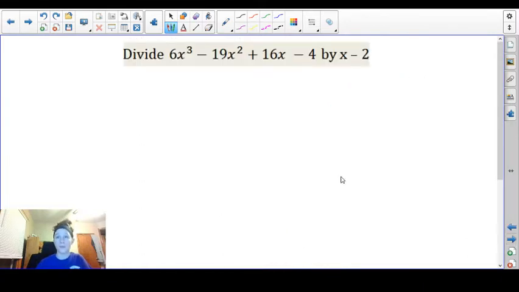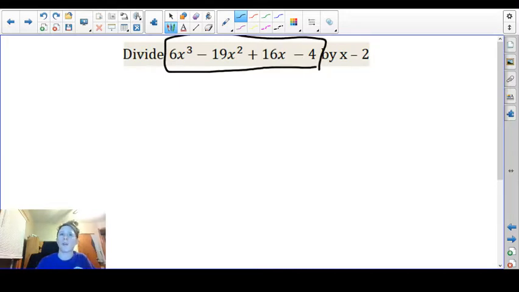Now we're going to do basically the same thing with polynomials. So we're going to start by taking the bigger guy, or whatever is being divided. We're going to put him under the division sign.